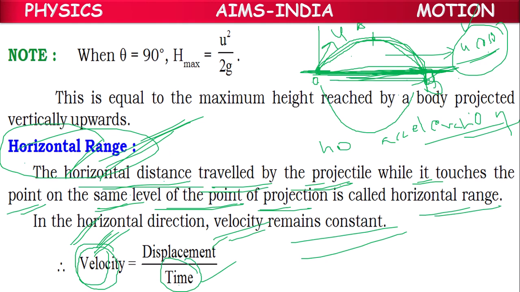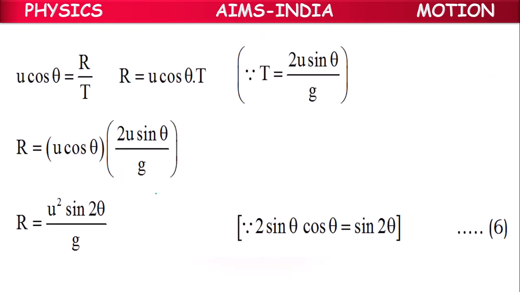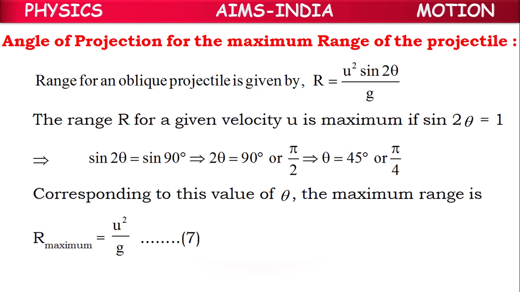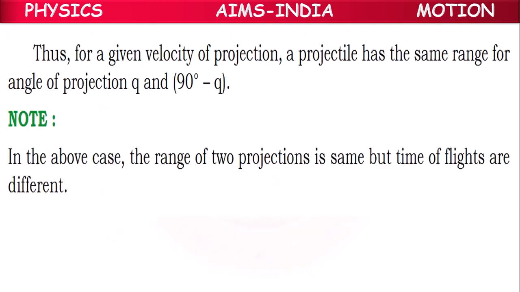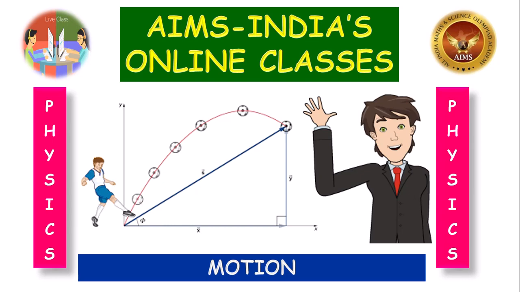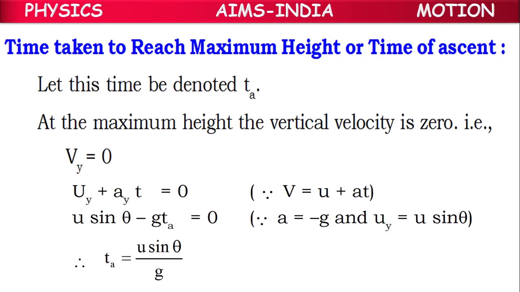So the fifth equation also we have learned. Okay, children, what have we learned? We have learned about time of ascent, which is equal to time of descent. If we add both, it will be equal to time of flight.